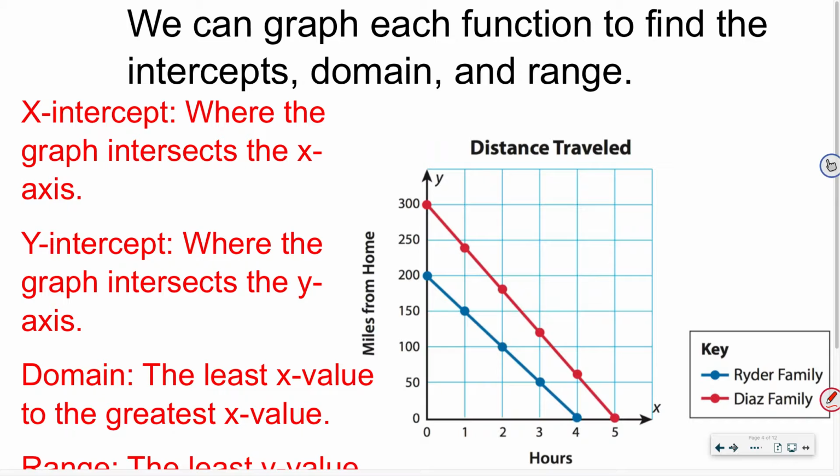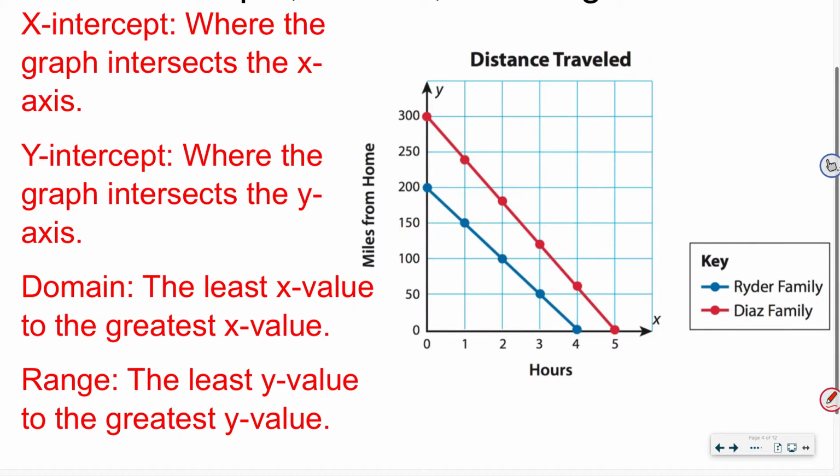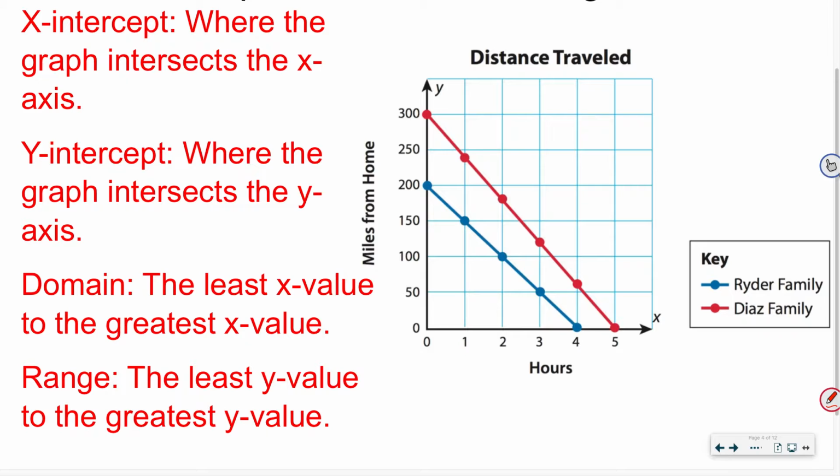So these are some definitions that we're going to write down, and then we're going to identify them. We can graph every function to identify, in addition to the table, what intercepts we're looking for. You do not need to add in the definition for the y-intercept because you already have it. The x-intercept is where our graph intersects the x-axis. Same concept as the y-intercept, except it's in a different spot. It's on the x-axis. We already know the y-intercept is where the graph intersects our y-axis. The domain is the least x value to the greatest x value.